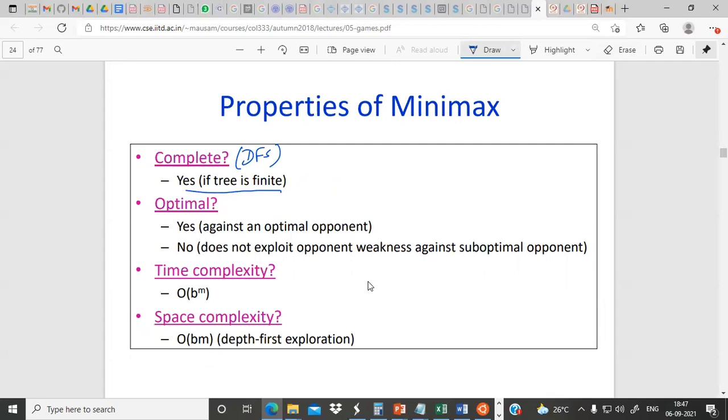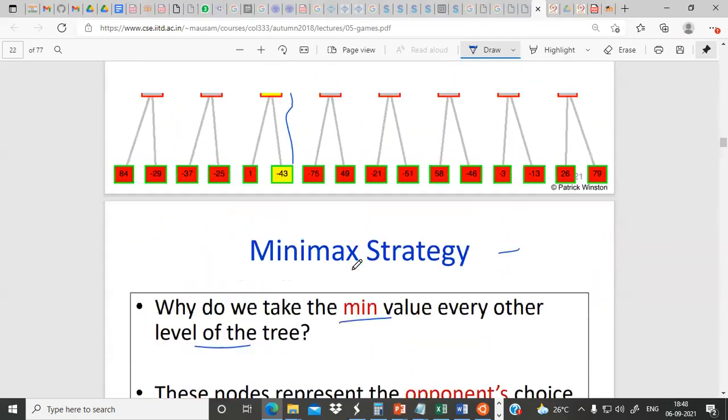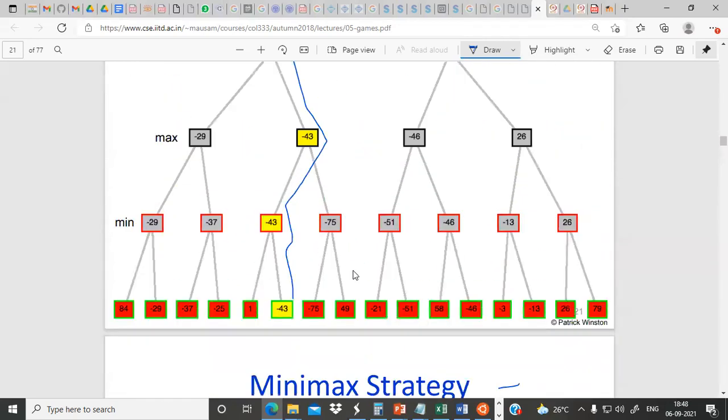Is it optimal? DFS is not optimal, but this is optimal. Minimax is optimal against an optimal opponent. See, in this example, we have identified an optimal solution against an optimal opponent. We assumed our opponent also to be optimally competitive like us, and then we are able to identify this optimal solution.